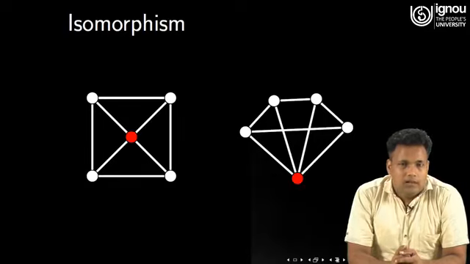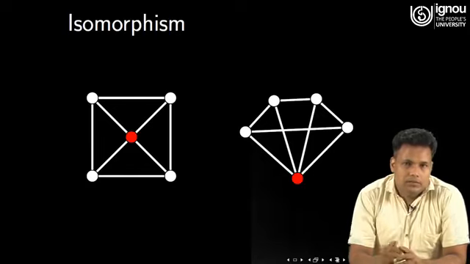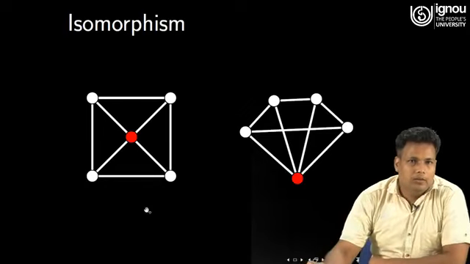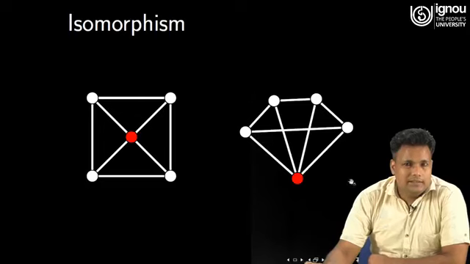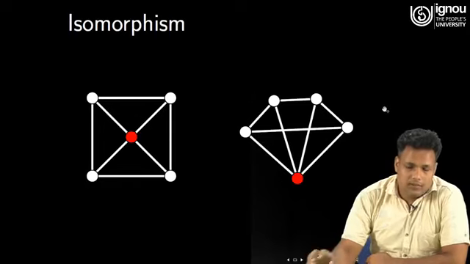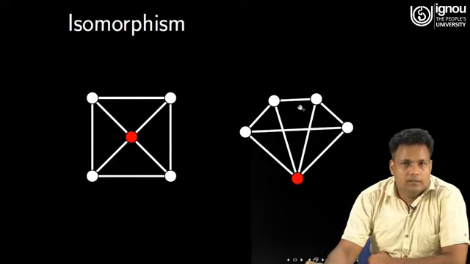At first glance, they might look quite different. As geometrical objects, these two graphs may look quite different, but we will show that they are essentially the same. We just transform the second graph, the graph on the right, and we will get a graph which will be similar to the one on the left.